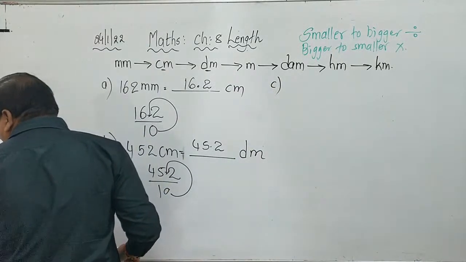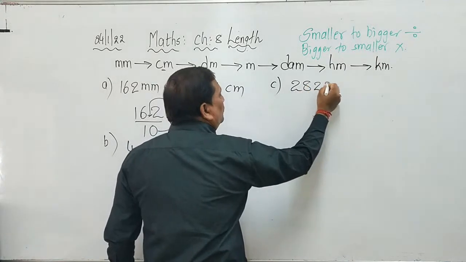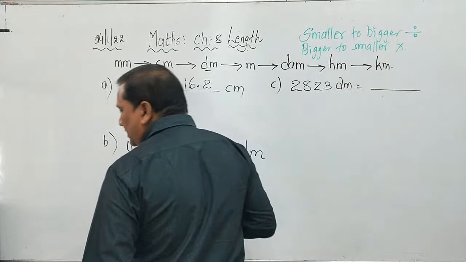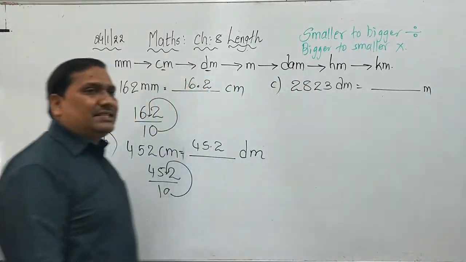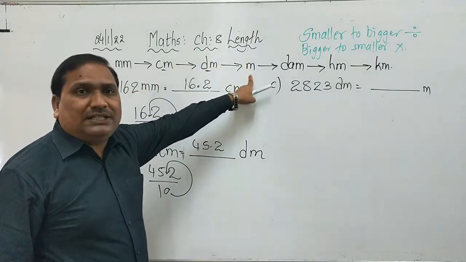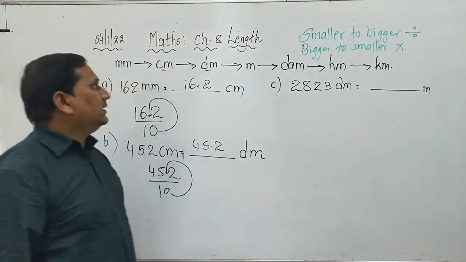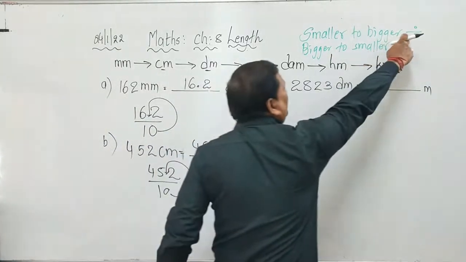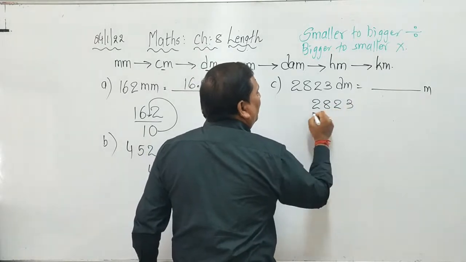See the third one, that means number C. What has been given? 2823 decimeter is equal to dash meter. From decimeter I have to convert into meter. That means very next unit, so from smaller to bigger, that means divide by 10.